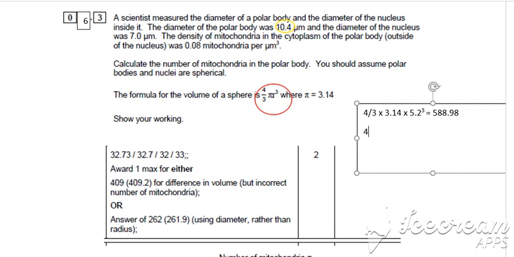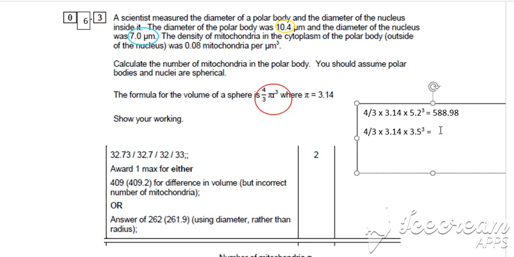We then need to do exactly the same using the information that they tell us about the nuclei. So we're given 7 micrometers for this one. So again, we do 4/3 times pi, and we multiply that by 3.5 because that is the radius, and we cube that answer.